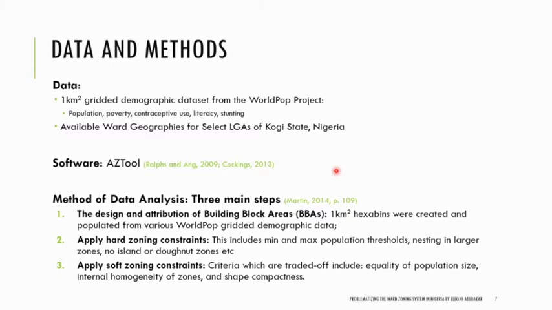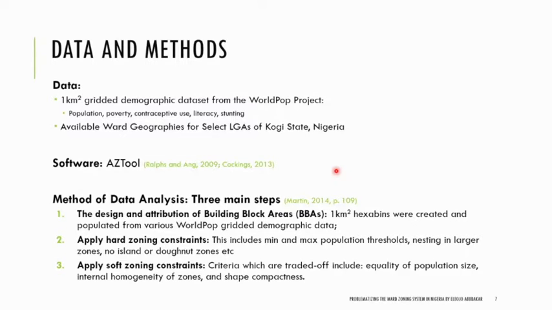Then you have poverty data, what percentage of people in each pixel live below $1.25. Then modern contraceptive use of women. What ratio of women use modern contraceptives? Then literacy by males and females. How many males and females are literate? Then the same with stunting.